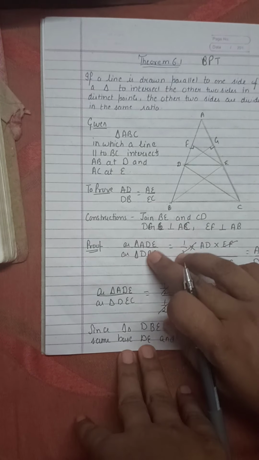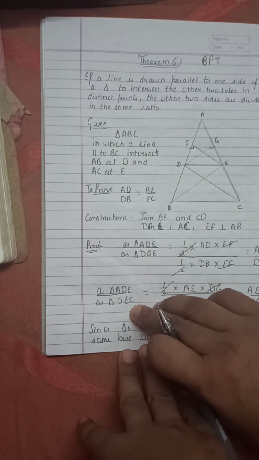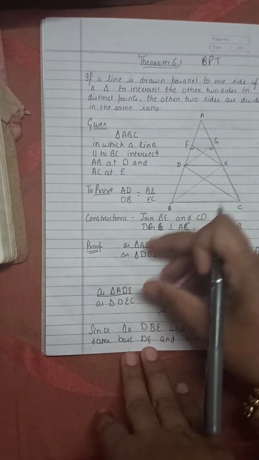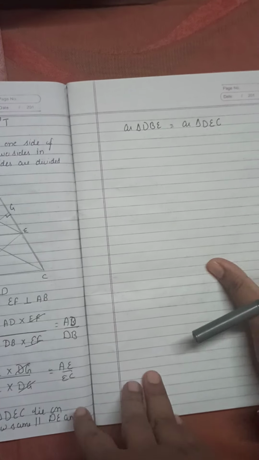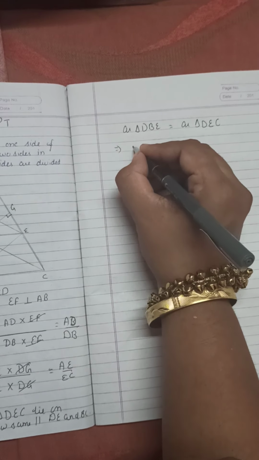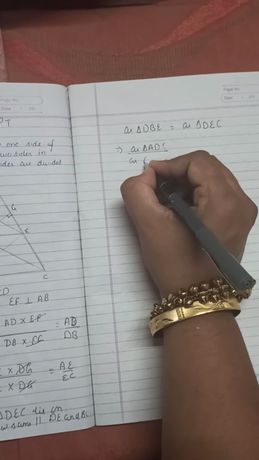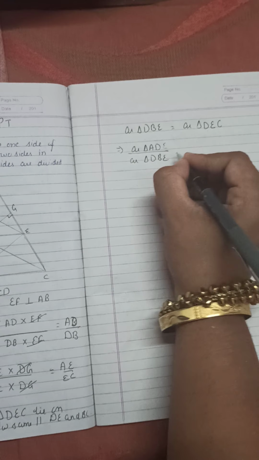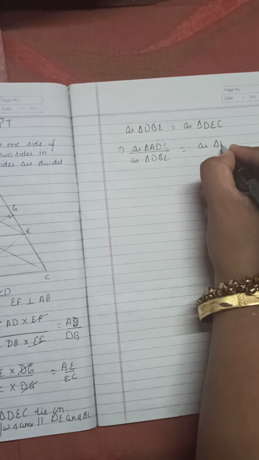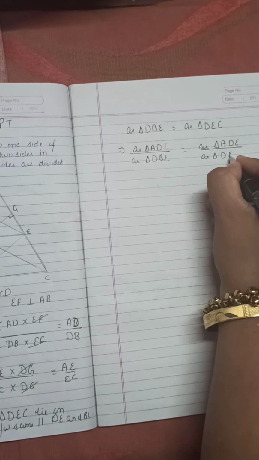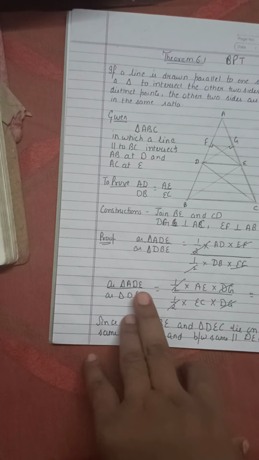Now you can see here, DBE and DEC have the same area. So this must be equal to this. Which implies area of triangle ADE upon area of triangle DBE is equal to area of triangle ADE upon area of triangle DEC, as we have discussed now.